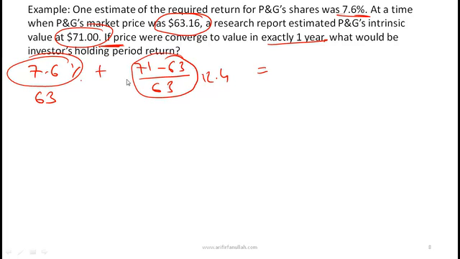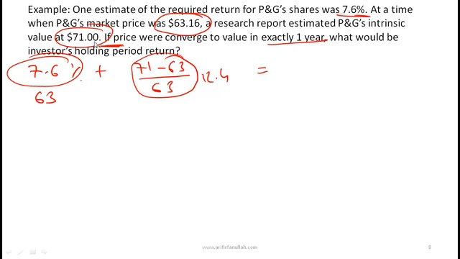This is straight out of the curriculum. So the philosophy is this, and it's not really debatable, or it's not going to be debated right now. There is a 7.6% required return based on the stock, and they are saying the research report's intrinsic value is 71.